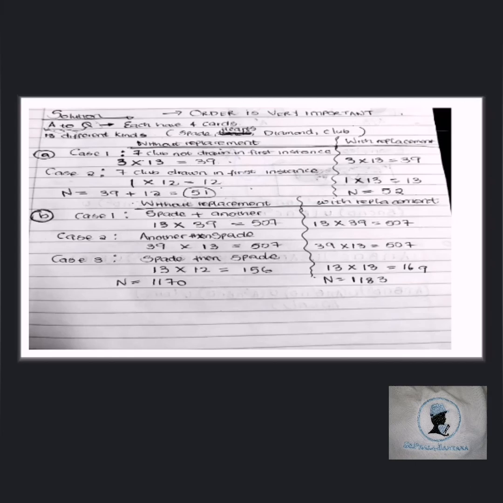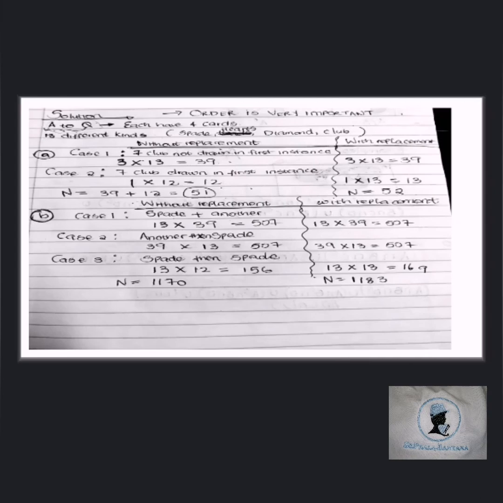So in case number 2, we are assuming that you choose a 7 that is a club the first time. In how many ways can you choose a 7 that is a club? Once, because we only have one card that is a 7 and a club, right? So it will be 1. And now remember, you assumed that you've removed that 7 of clubs, so you've taken it out.